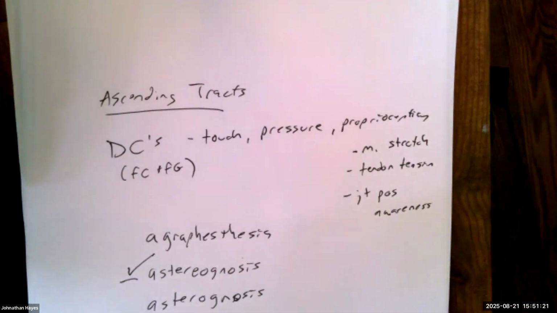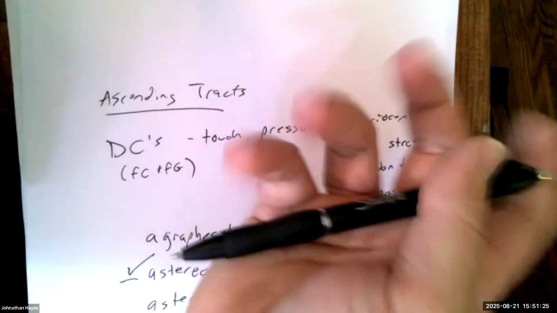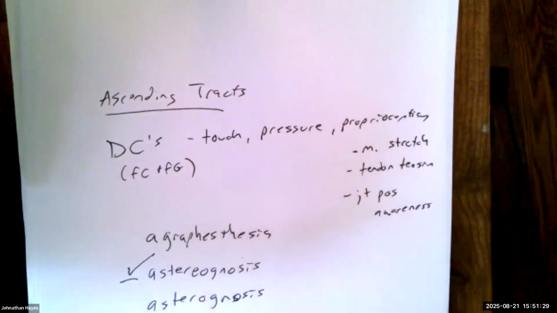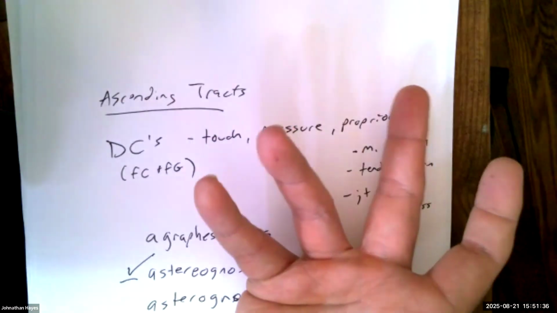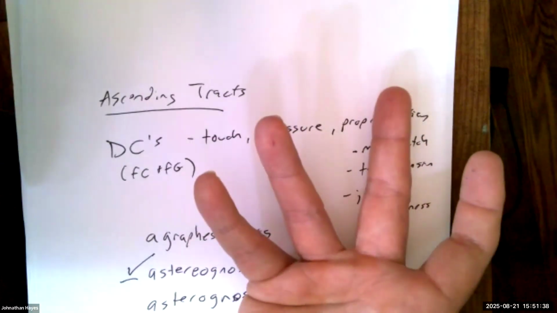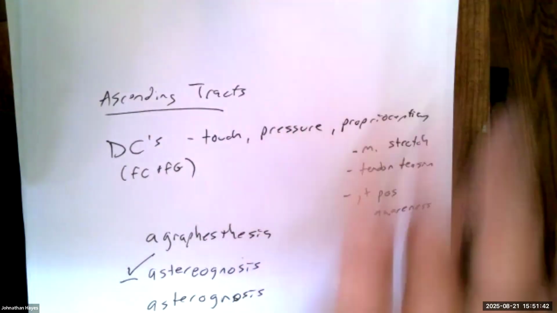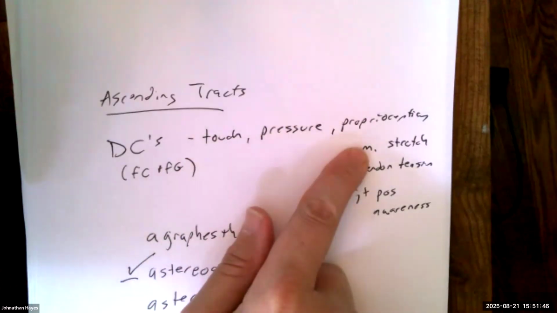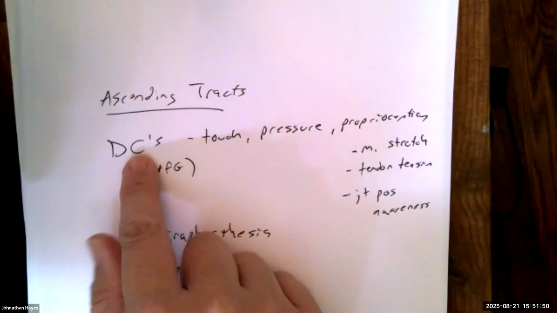It doesn't tell me much about the touch, so I wouldn't be able to give you a lot of detail like I could with dorsal columns, but I might notice that there's something there, which tells you the nerve is still working, right? Or maybe if you poke them and they pull their finger back, that means they can pick up pain, so the nerve's still working. But we're trying to distinguish whether they can feel light touch, light pressure, and proprioception. And if they can't do that, then that points us more toward a dorsal columns issue.